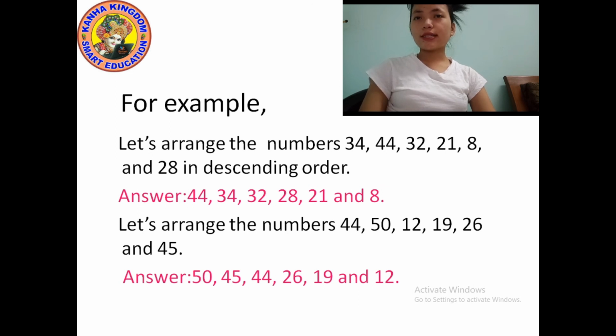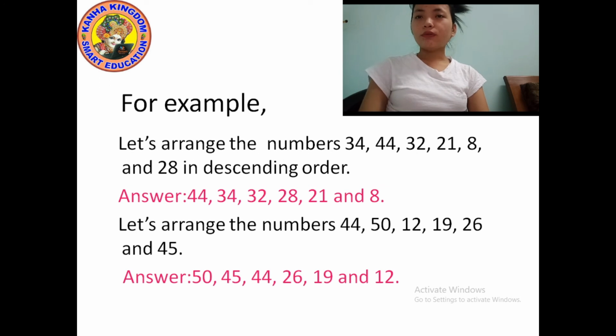So the second biggest number is 45. Now after 45, which number? Obviously 44, because 44 comes just before 45. So 44 is the third biggest number of all the numbers 44, 50, 12, 19, 26 and 45.